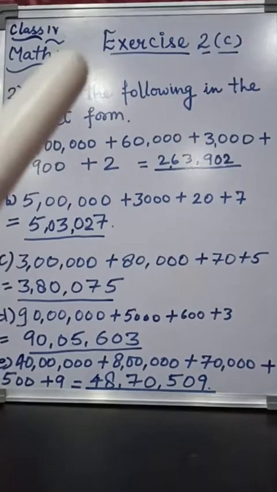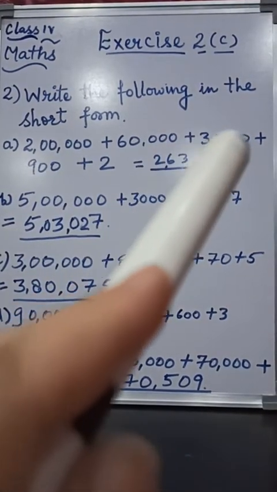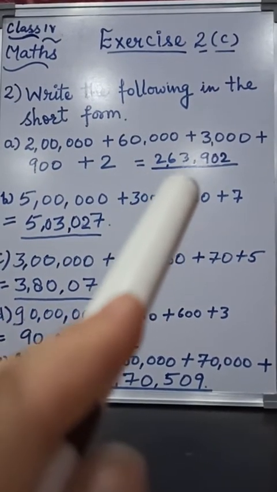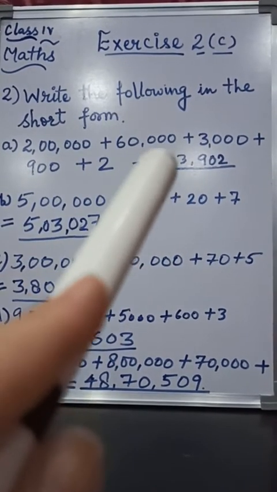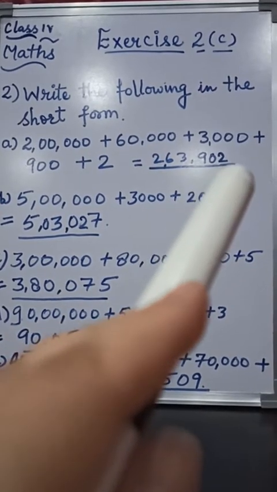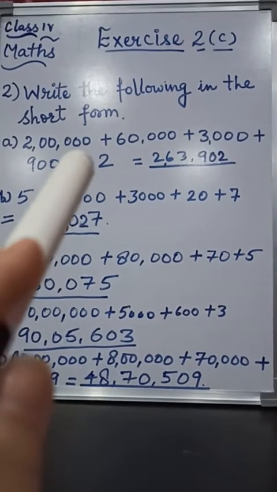Expanded form is 2 lakh plus 60,000 plus 3,000 plus 900 plus 2. So in short form you will write 2,63,902. Since 0 is there on the tens place, we will write 0 here. Okay, all of you note down.